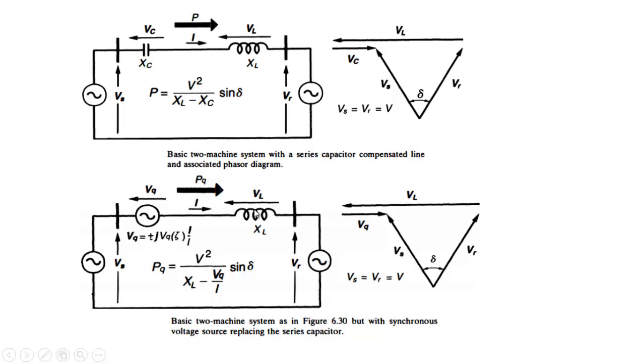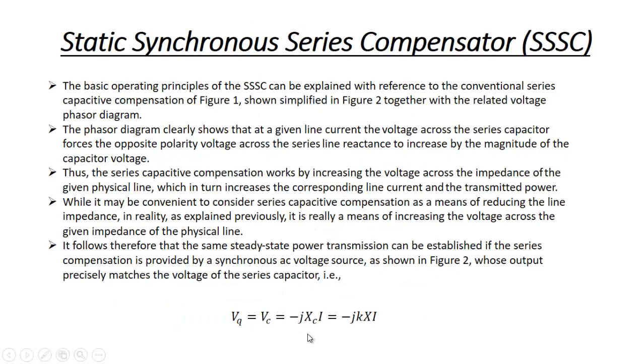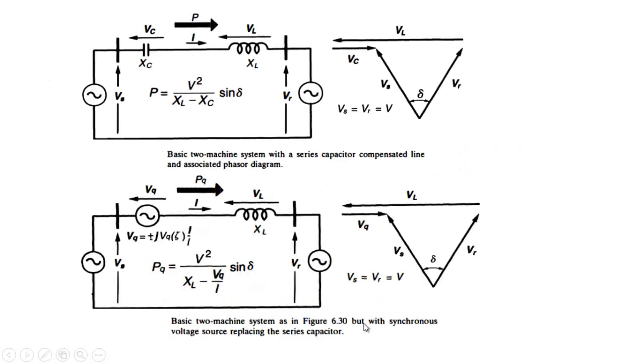This will happen only when its voltage VQ is equal to VC, that is equal to minus jXC into I, that is equal to minus jKX into I, where K is the degree of series compensation, which is equal to XC by X. So XC can be replaced by K into X. Now this voltage source has to be such that this voltage lags the current by 90 degrees for the system to be similar to that of this. That means this voltage should be lagging so that the current will be leading. That means it has a capacitive effect.